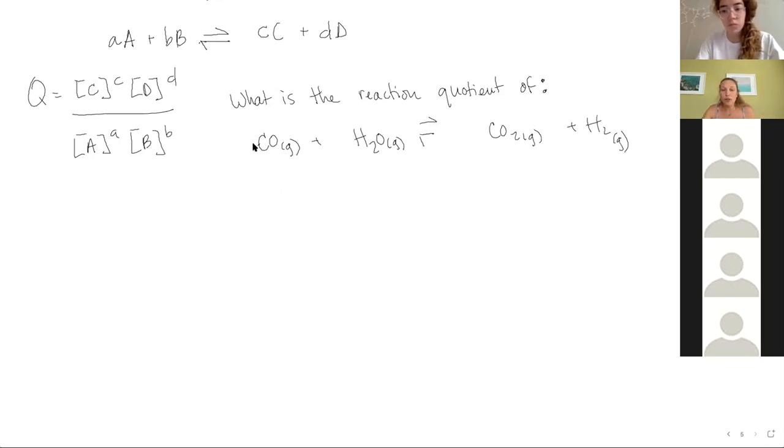If I had given you this equation written, I did this last year, like this, 2 carbon monoxide plus 2 waters goes to 2 carbon dioxides plus 2 hydrogen, that doesn't actually change your reaction quotient at all, because if you just reduce it down, it should give you the exact same thing.